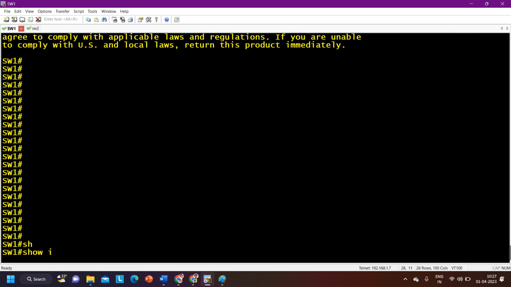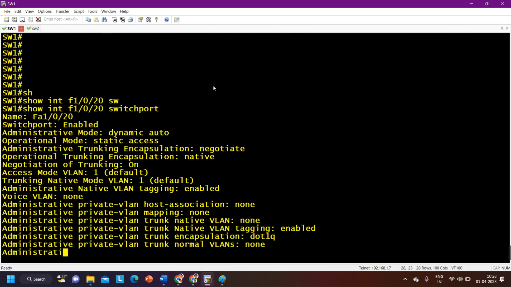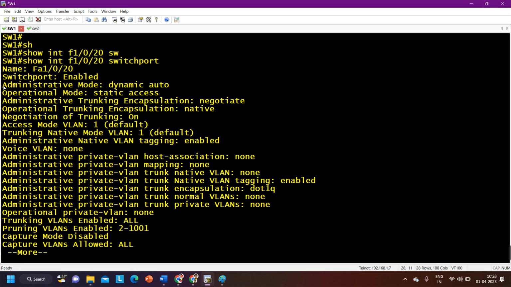If you want to verify, go to interface F1/0/20 and run show switchport. Here you can see the default administrative mode is dynamic auto, and the operational mode is static access. That means it is the operating mode, that this switch port is operating as access, static access.